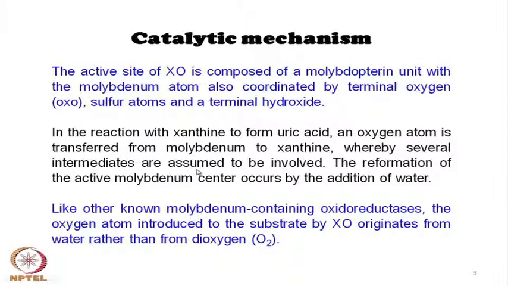The involved intermediates are very important to know the corresponding catalytic cycle, because if we know the nature of these intermediates, only then can we have some idea what type of transfer is taking place from molybdenum to the xanthine molecule, whether it is from the water molecule attached to the molybdenum center or the dioxo function already present on the molybdenum that is getting transferred to the xanthine molecule.